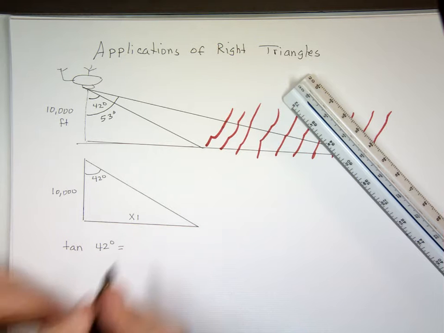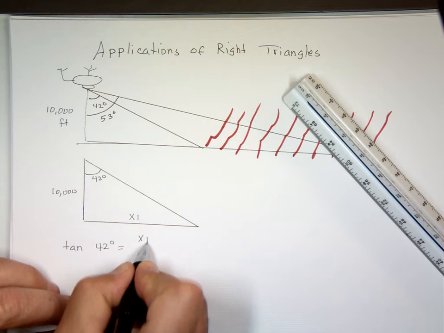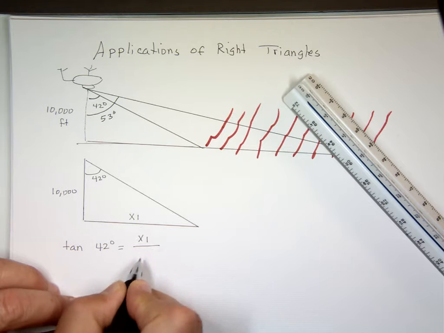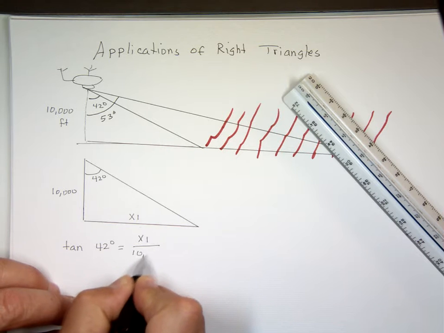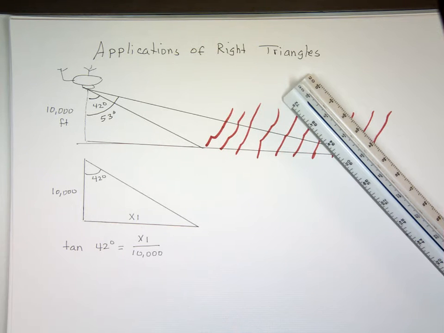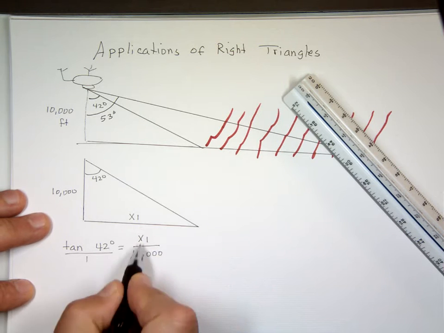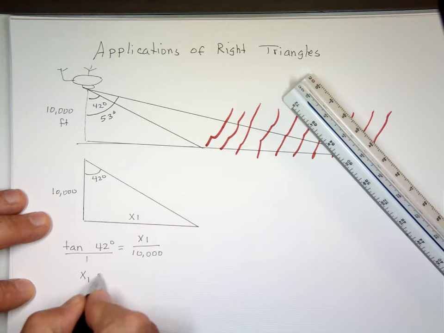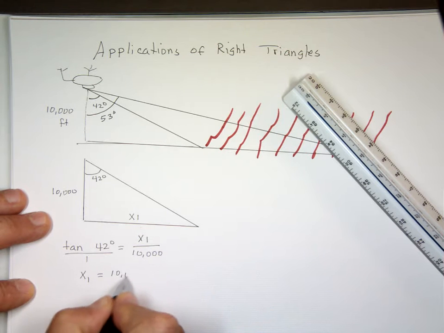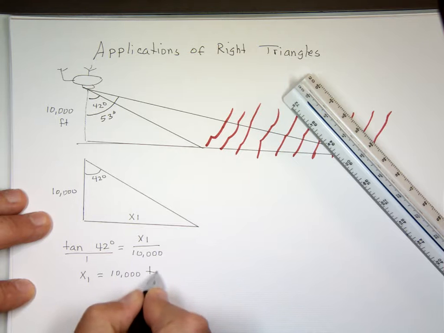Tangent of 42 equals the side that's opposite, I'm calling that x1, divided by the adjacent, which is what? 10,000. If you cross multiply, x1 times 1 is x1 equals what? 10,000 times tangent 42.